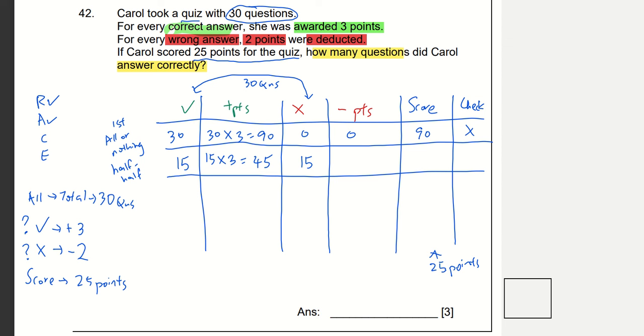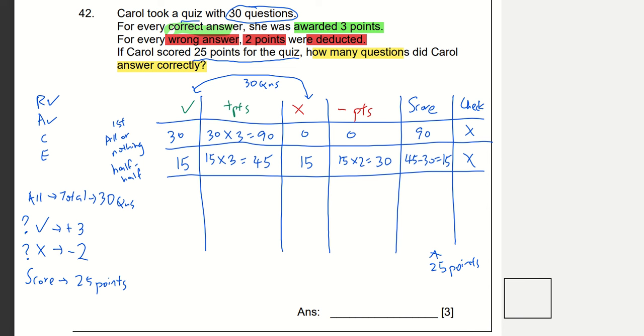And then 15 wrong, so 15 times 2, that's 30 points. So the score is 45 minus 30, that will give me 15. So 15 is also not correct, but you can see 15 versus 25. The score is lower than the actual score.